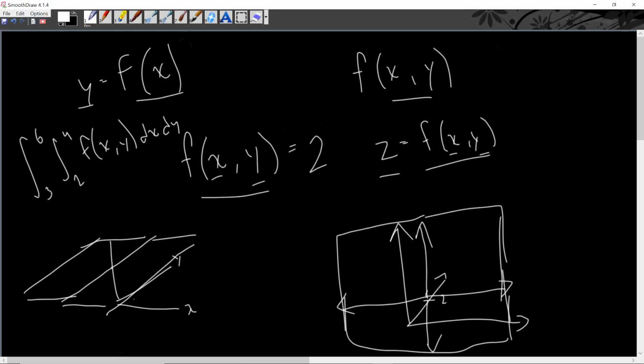So if we look at 2 to 4 first, let's draw 2 and 4. We can even draw some lines there. That will be that area. And then y is going from 3 to 6. It's getting a little bit cluttered, but it's just going to be that rectangular prism.